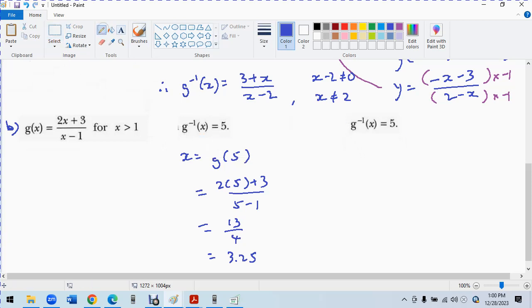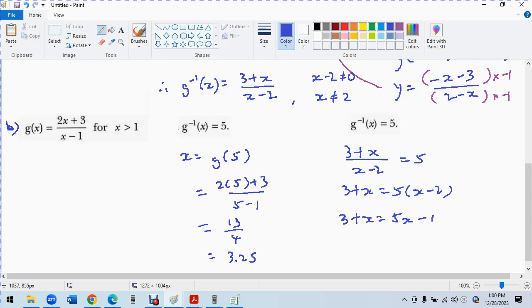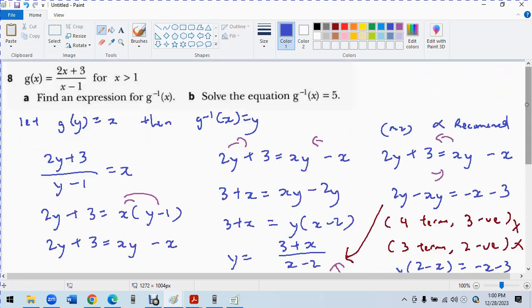Then we have (3 plus x) over (x minus 2) equal to 5. 3 plus x equal to 5 times (x minus 2). Then 3 plus x equal to 5x minus 10. Then we have 4x equal to 13, x equal to 13 over 4, 3.25. Okay, but I don't like this way. I like the other way. So this one also, I like this way.